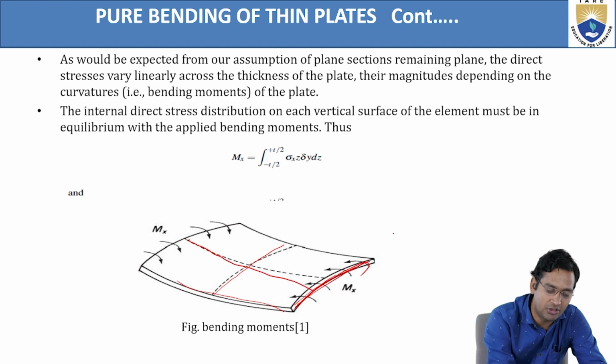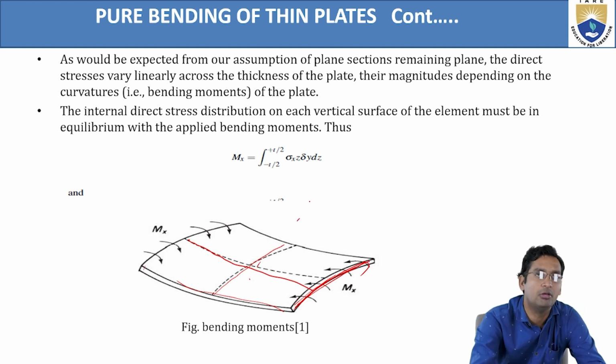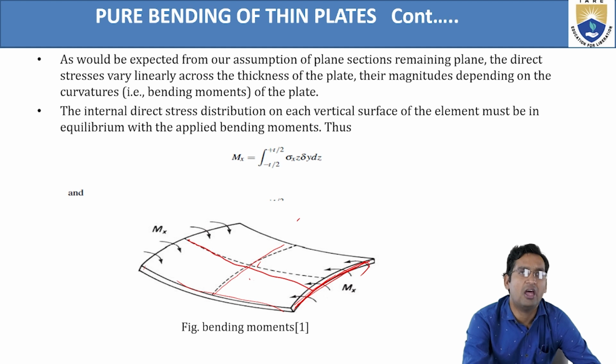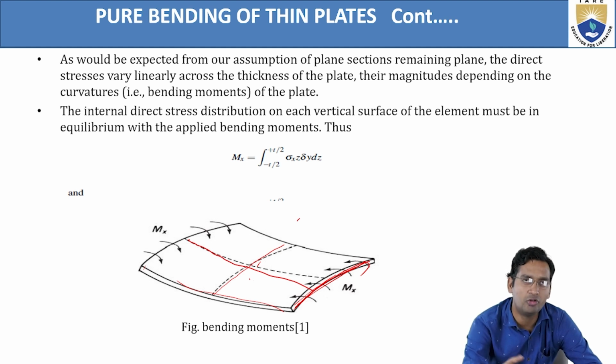How much curvature it forms, that value depends on the bending moment, because that much bending moment will be there. In other words, it depends on the bending moment applied to the plate.